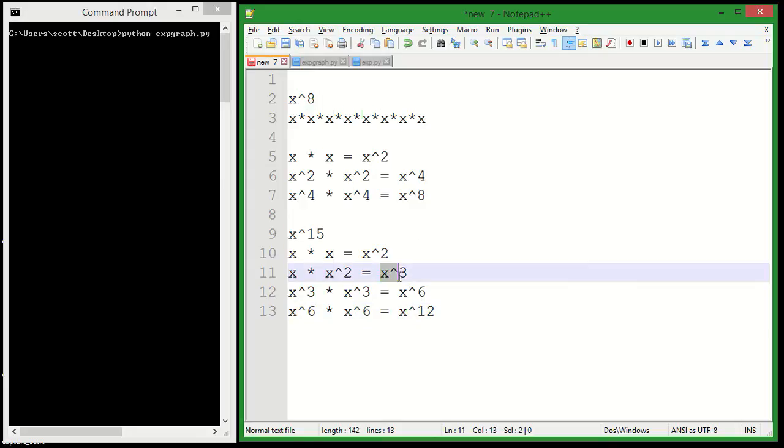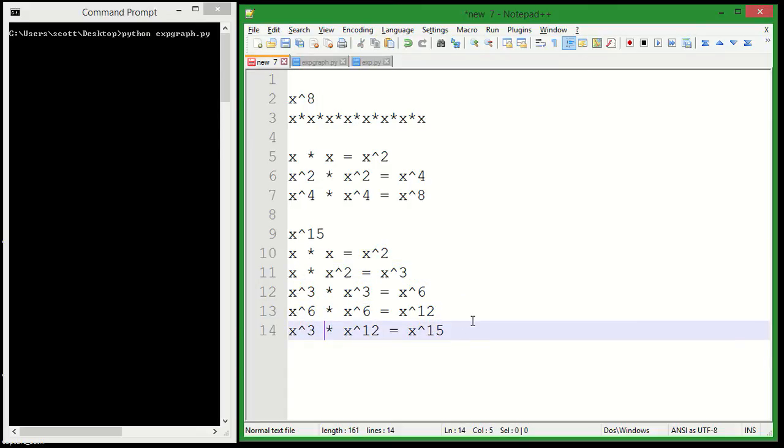And then because we already have x^3 and x^12, we can multiply them together, and we're going to get x^15. And it only took us 1, 2, 3, 4, 5 multiplications. So that's good. That's a lot faster than if we were doing x^15 the other way. That would have required 14 multiplications.